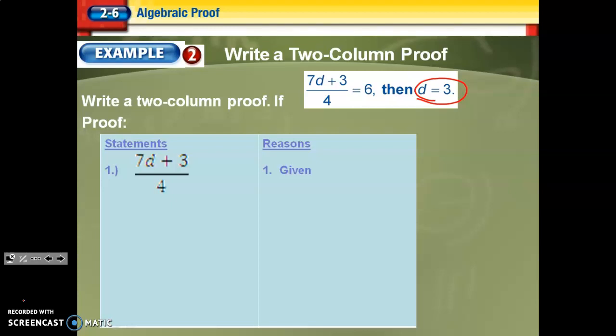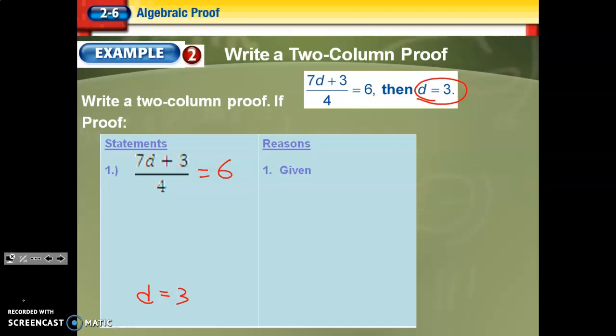When we're trying to prove something, we want our last statement to be d equals 3. We don't want it, in this case, to be 6 equals 6, because that would be what would happen if we put 3 in for d. That's not what it's asking. It's asking for d equals 3. So down here on the bottom, we need to get to d equals 3, and whatever step that is. They forgot the equals 6 here, so I'm just going to write that real quick.